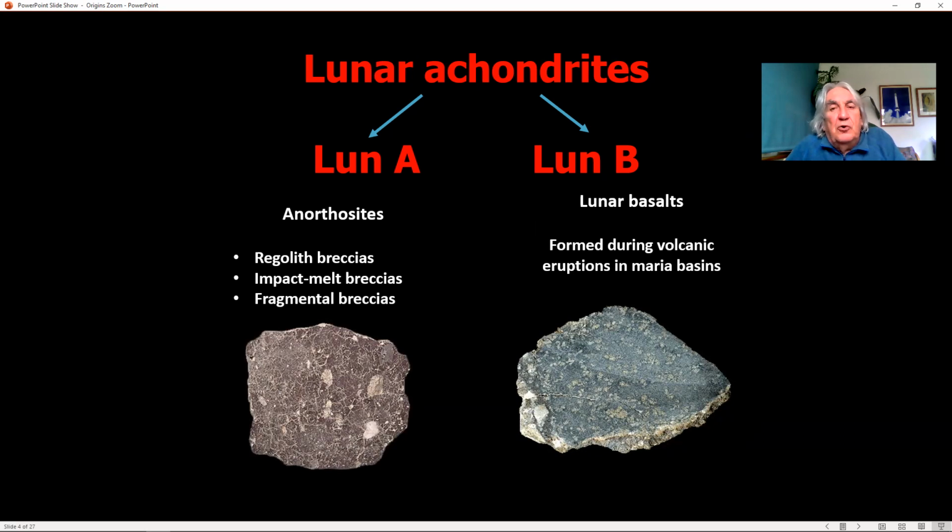Then you have the Ocean of Storms, the Bay of Rainbows, and so on. In the past, astronomers actually believed there were bodies of water, but we now know they're flood basalts, where enormous impact craters were made by cometary or asteroidal impacts on the surface, and basaltic material welled up from underneath to fill them up, creating originally smooth, dark plains.